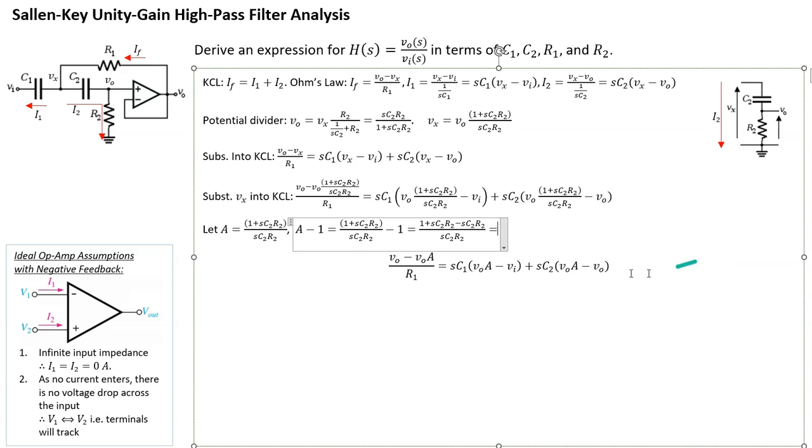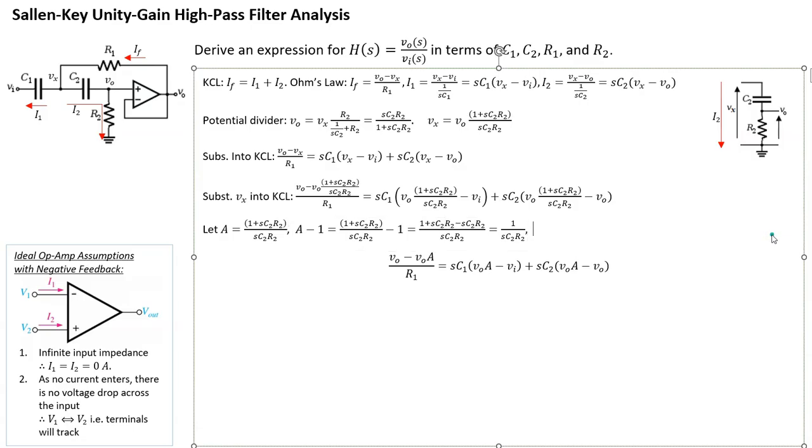These two terms, SC2R2 and this SC2R2, cancel out, because it's 1 minus the other. So what you're left with is just 1 over SC2R2. That's what you get for A minus 1.